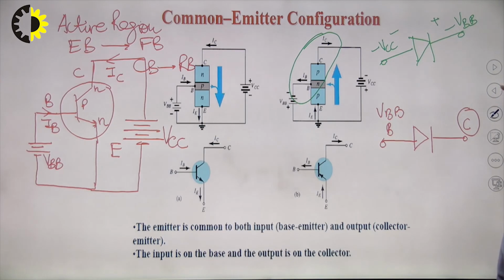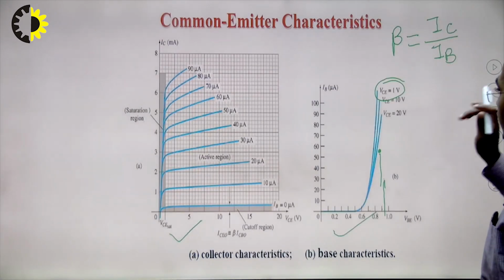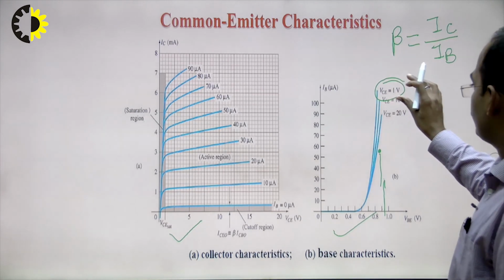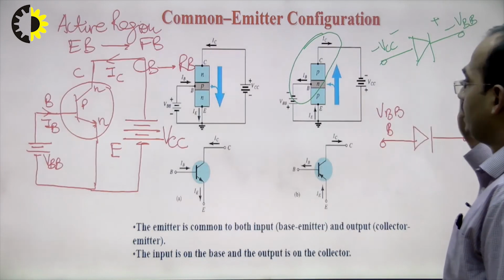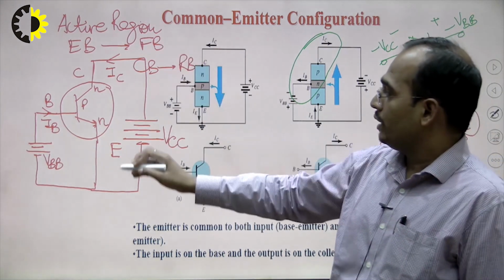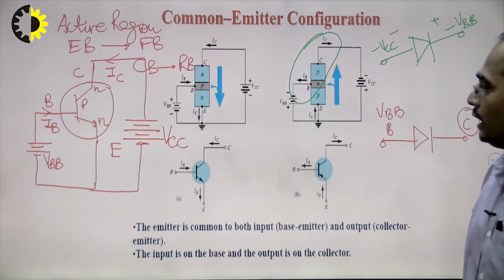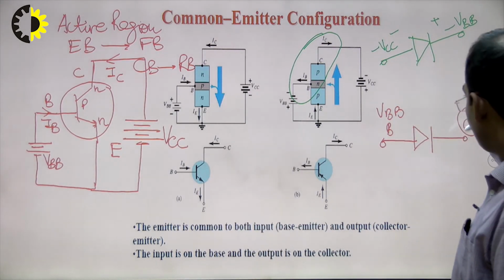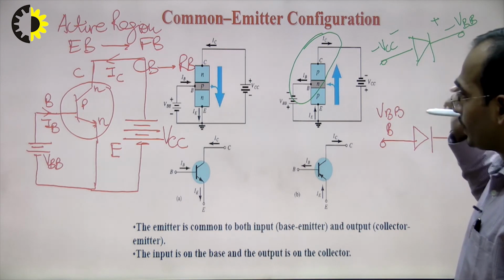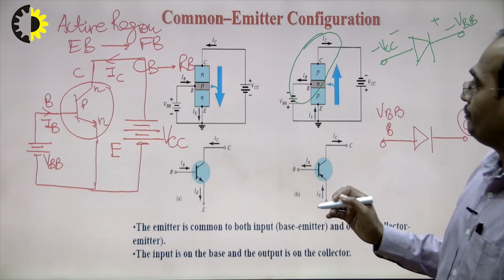It means at the lesser reverse bias voltage the less current will be there, and as we increase VCE, the IB will increase.